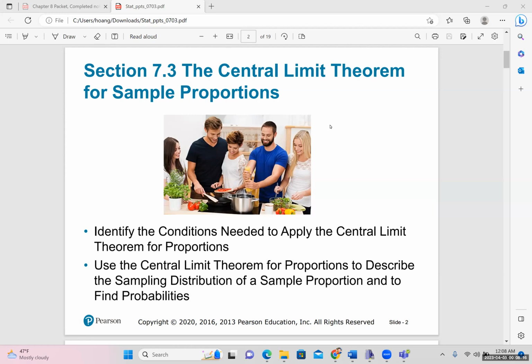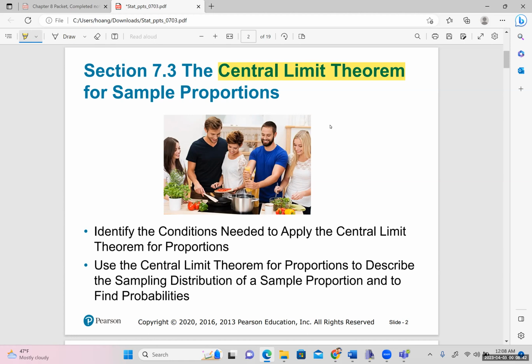Okay, hi class. Today we're going to come to section 7.3, the central limit theorem for sample proportions. Last time we did learn about sampling distributions, and that will help us to talk about central limit theorems in this section.